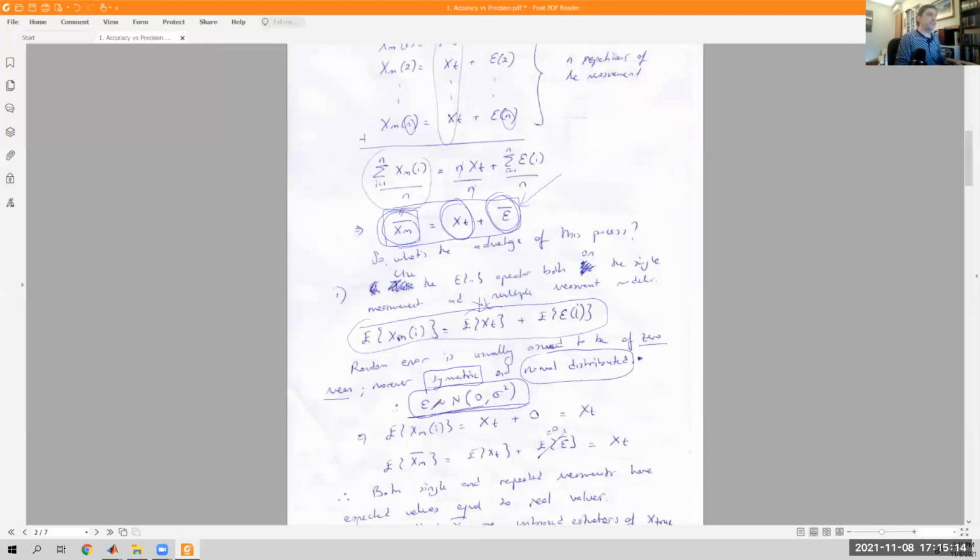But usually we characterize random error with a normal distribution, zero mean, and a certain variance. Now, where does that variance come from? It depends on the imprecision of the experiment I talked about before. For instance, if you perform the experiment not carefully, if I don't care whether I exceed that line or am below that line on the graduated cylinder when filling the water up to that point, then that variance is going to be higher.